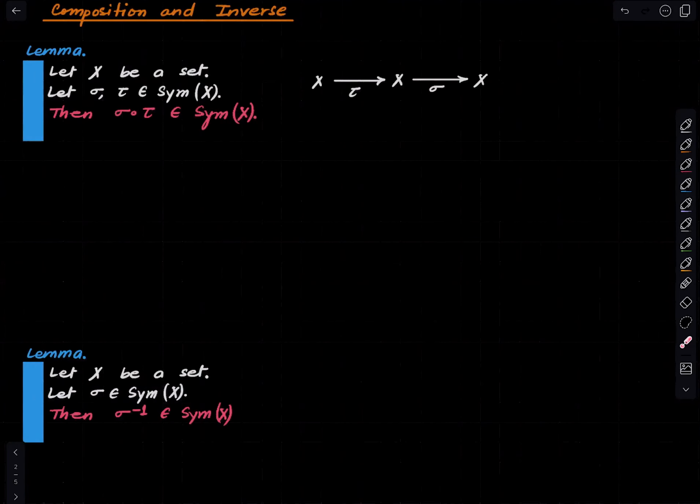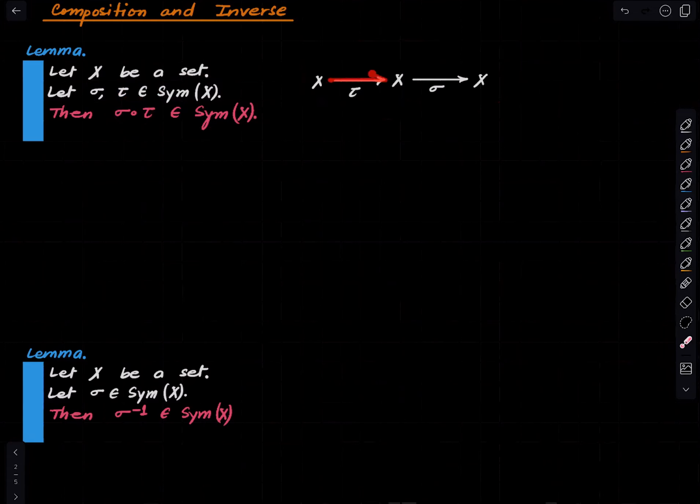All right, so now let's move on. Here are some facts about permutations. Fix any non-empty set, and suppose sigma and tau are two permutations of X, then their composite is again a permutation of X. Here is a pictorial way of depicting the same thing.